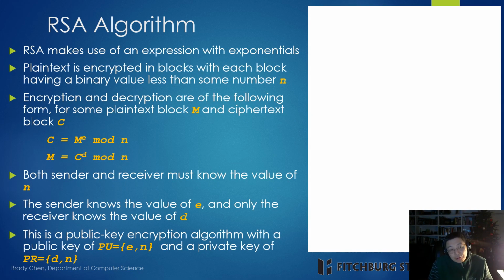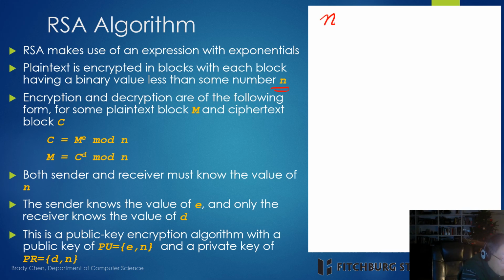RSA makes use of an expression with exponentials. We can actually perform the modular operation on these expressions. Plain text is encrypted in blocks, with each block having a binary value less than some number n. Now, this number n is very important.